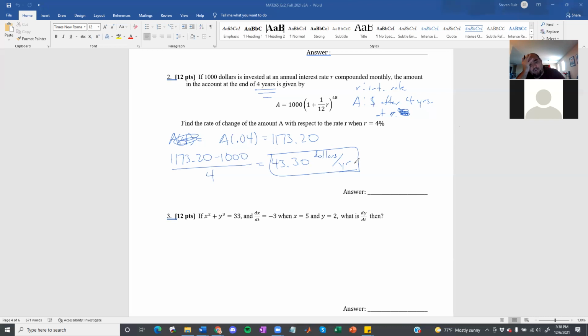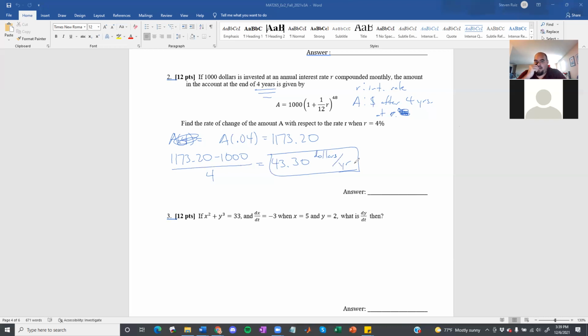That is not the rate you are asked to find, because that's a measurement of A, but there's no measurement of R. Years is not a measurement of the interest rate. You are asked to find a rate of change of the amount with respect to R. So basically they're not asking what happens to your money after 4 years.